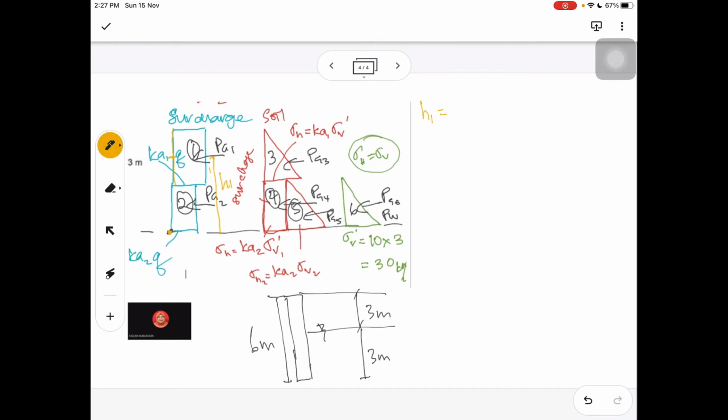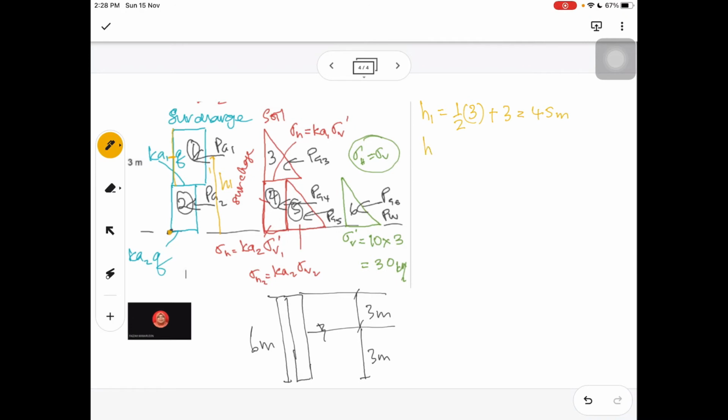So H1 is half of the rectangular, which is 3 meter height, plus another 3 meter. So 3 divided by 2 and then plus 3, that is 4.5 meter.